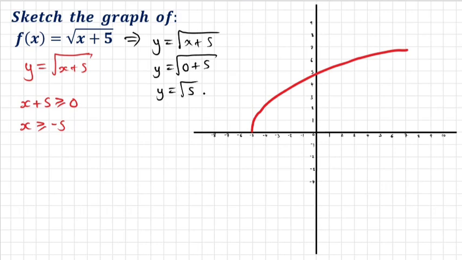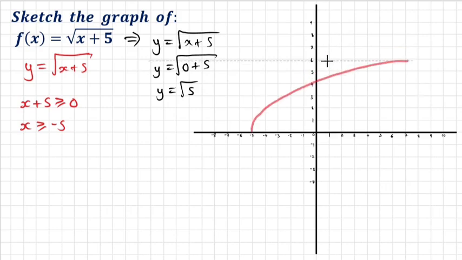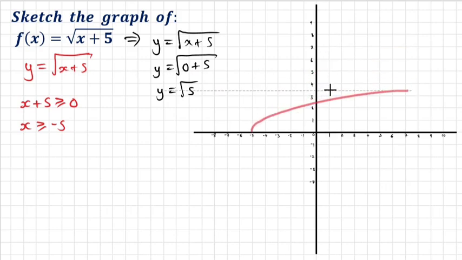Now the square root of 5 is something like 2.2. So it means that this graph of ours should cross the y-axis at 2.2. 2.2 is somewhere here, like this. We also have to show that at this point the graph is passing through (0, 2.2).